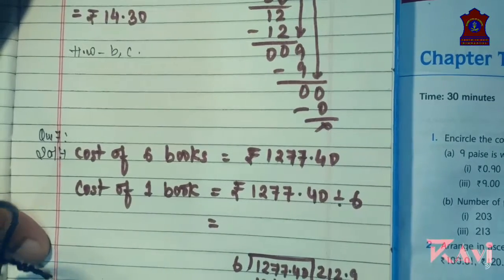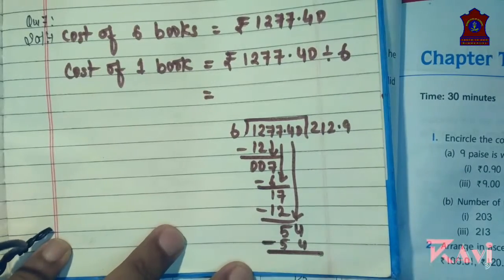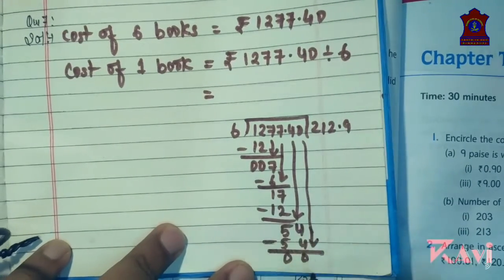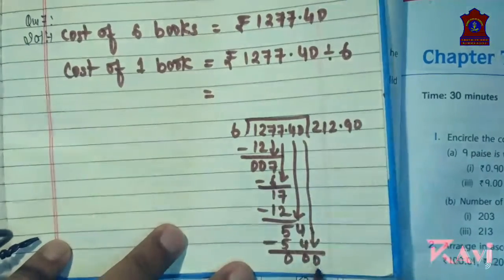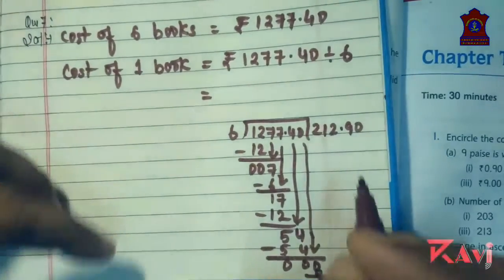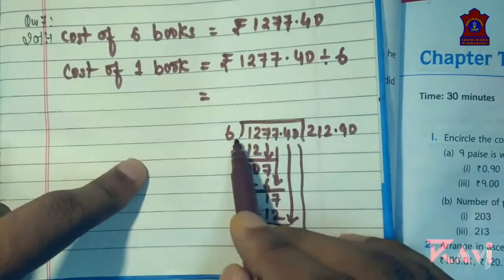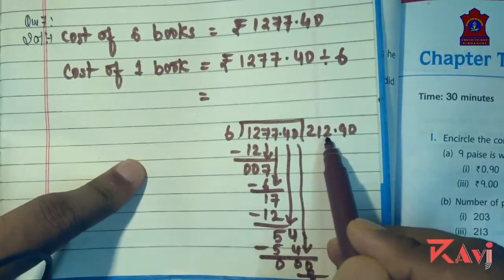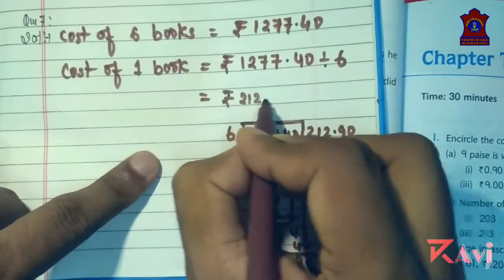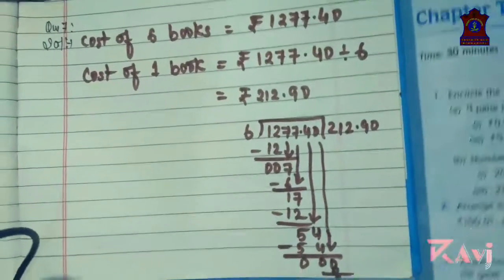Clear? What is left? Nothing. What comes down? 0. 0s are 0. So nothing left. Okay. So after dividing 1277.40 by 6, we are getting 212.90. So rupees 212.90. So here you can write the answer statement.